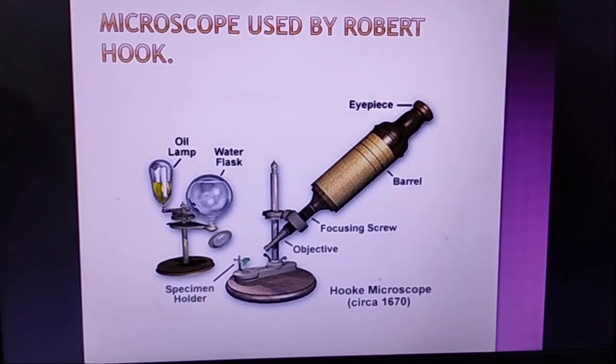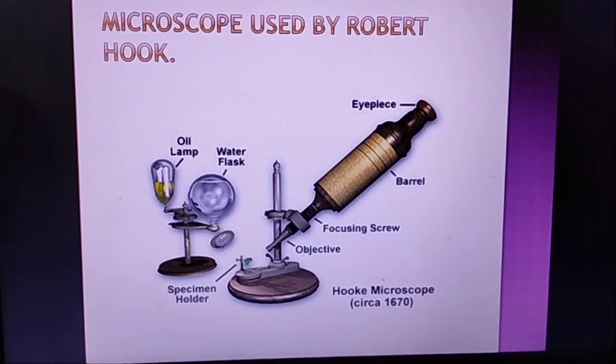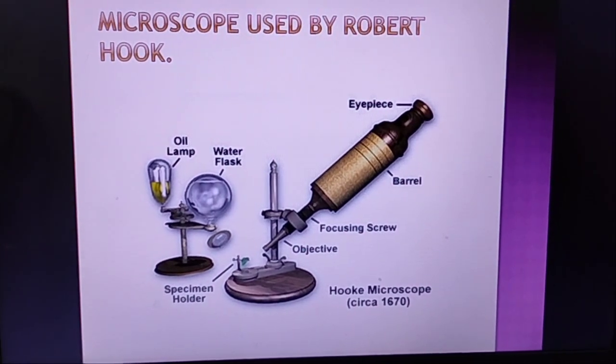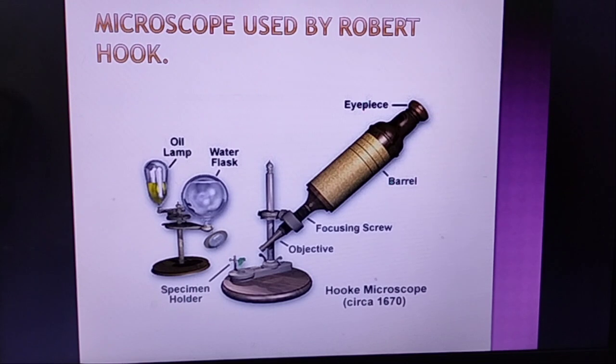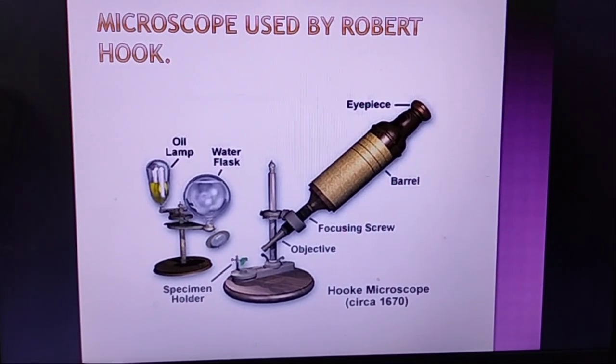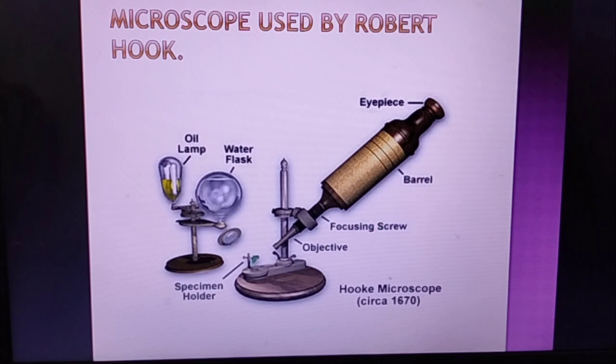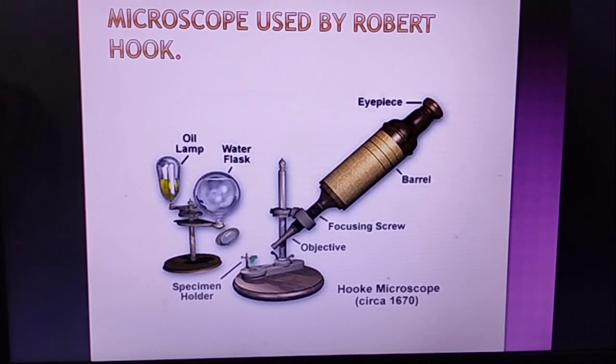Now we can see the first microscope which was developed by Robert Hooke. It has an eyepiece, then a barrel, a focusing screw, and an objective. Then there is a specimen holder to hold specimens like slides, from where we can observe microorganisms, for example bacteria.